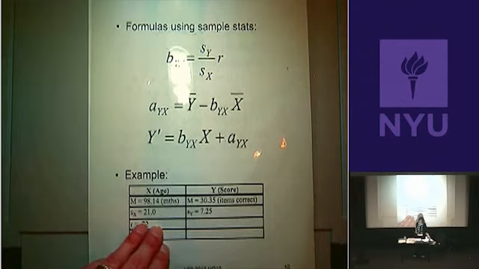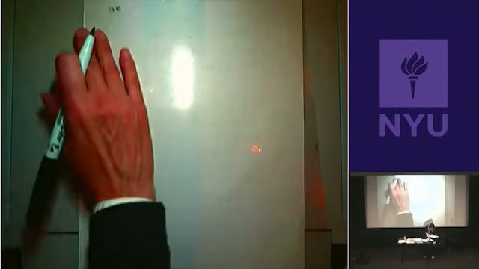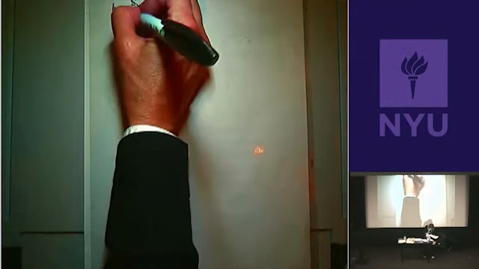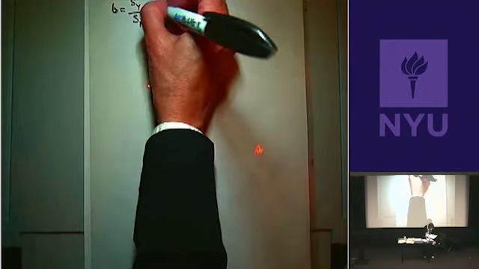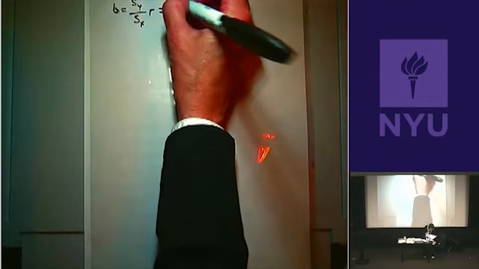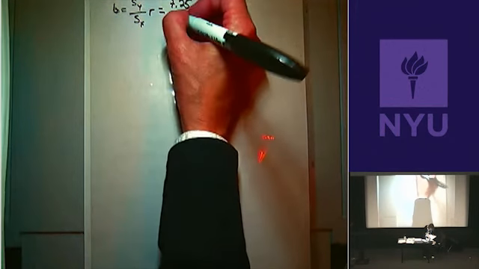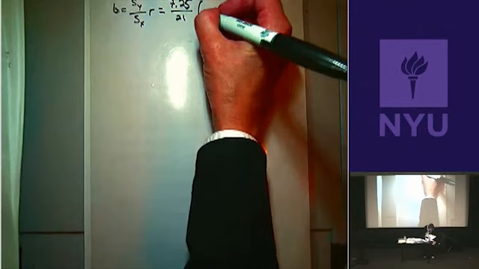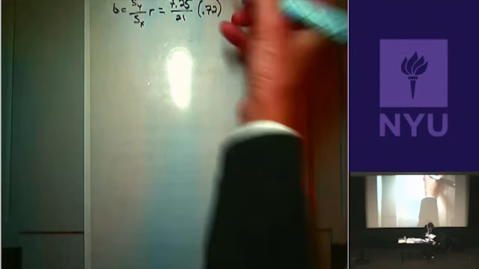Pairs of scores is probably a better way to think of it. Okay, so how do we do this? Very simply. Let's get our slope first. And the correlation here is 0.72, so that's large and positive.